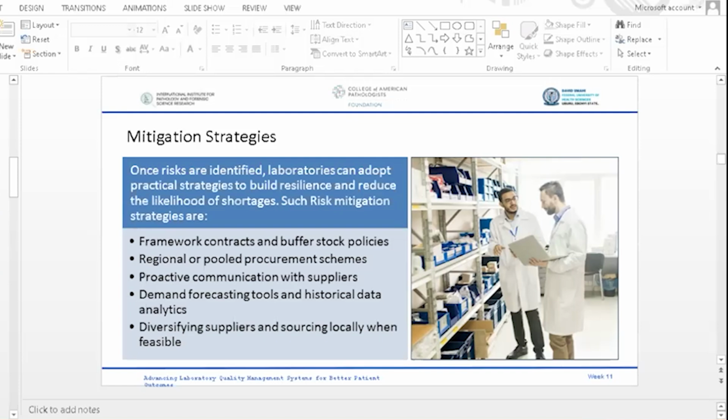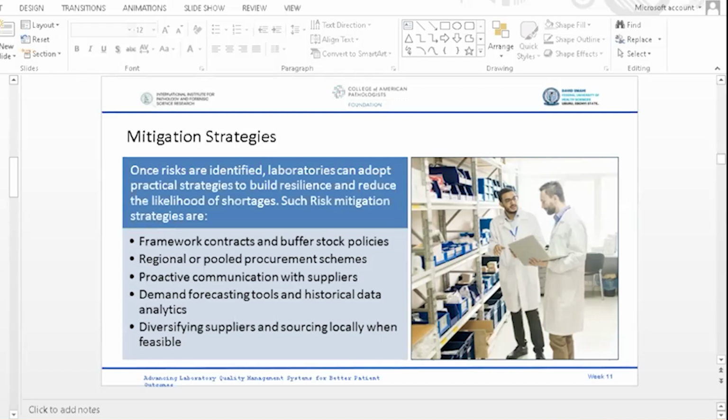Now, in line with the risk-based thinking, laboratories should establish formal plans to manage unexpected supply disruptions. Such plans are to create a contingency plan for essential reagents and consumables, which I've explained before, to do stock rotation and inventory cycling to prevent expiration, and also to set up internal SOPs for emergency requisitions and substitutions.